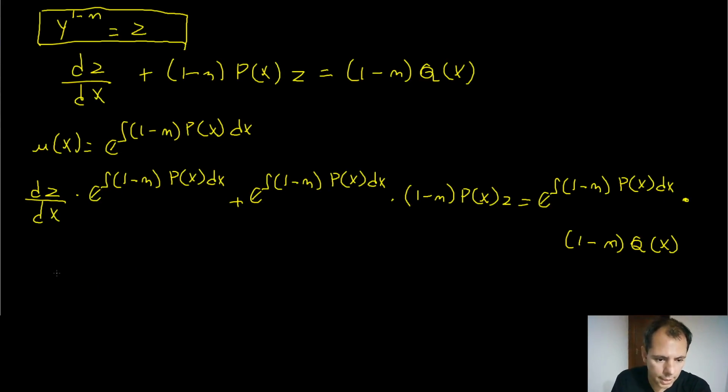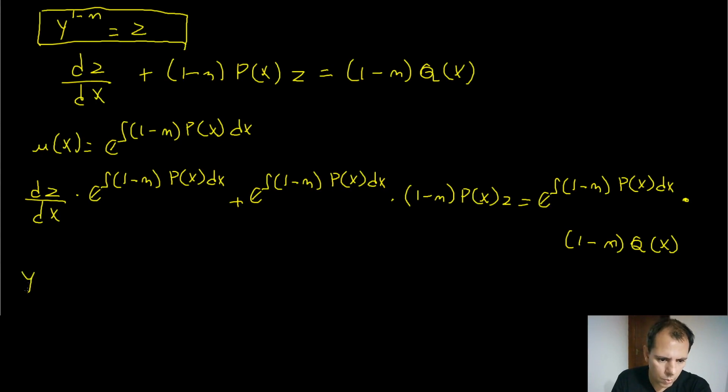There you go. Okay, so now you can just say that, you see, what I can do is like this, z equals, but yeah, okay, I'm going to do it like that for now. Well, actually not anymore. I'm going to say, what is z? z is y to the 1 minus n.